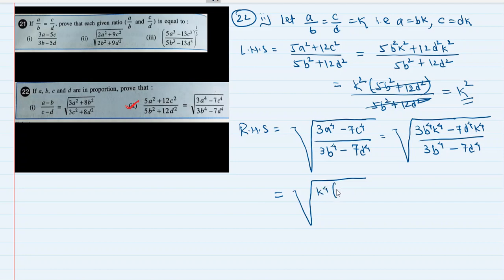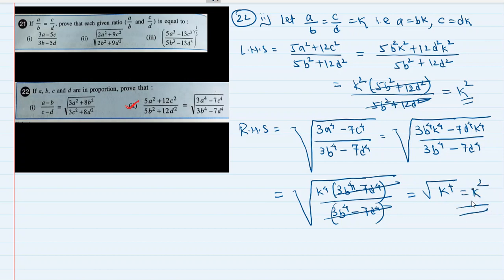So you'll be left with 3b⁴ − 7d⁴, the whole upon 3b⁴ − 7d⁴, bracket close, cut, and under root of k⁴ is nothing but k². Correct? So LHS and RHS both are equal to k². So we have proved that they are equal.